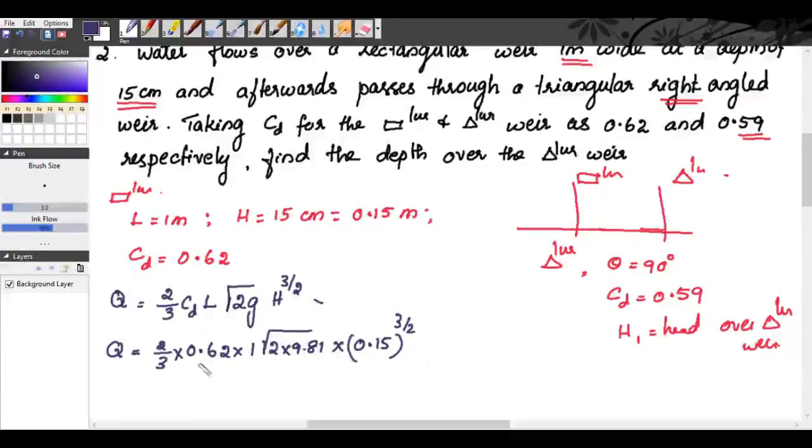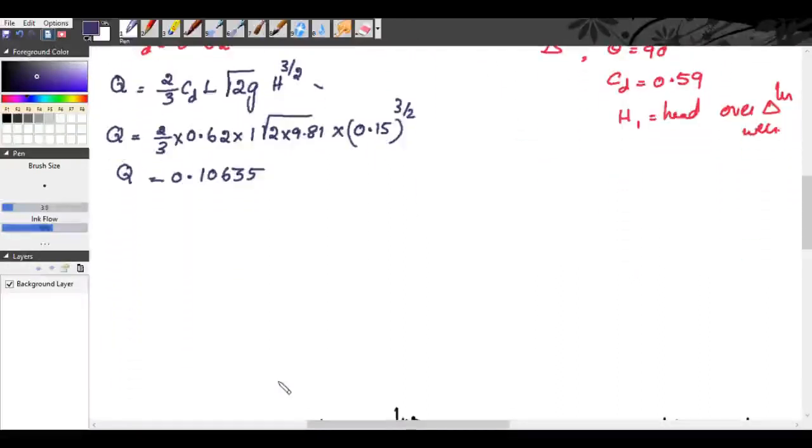So, we get discharge Q is equal to 0.10635 meter cube per second.